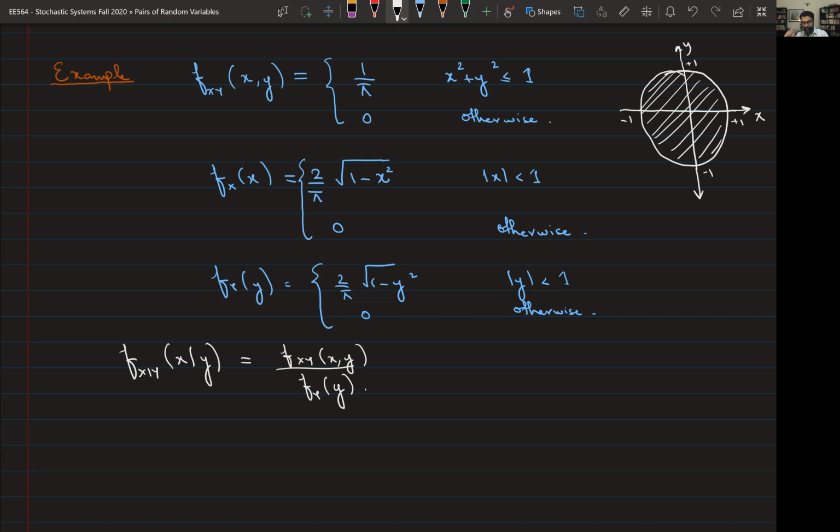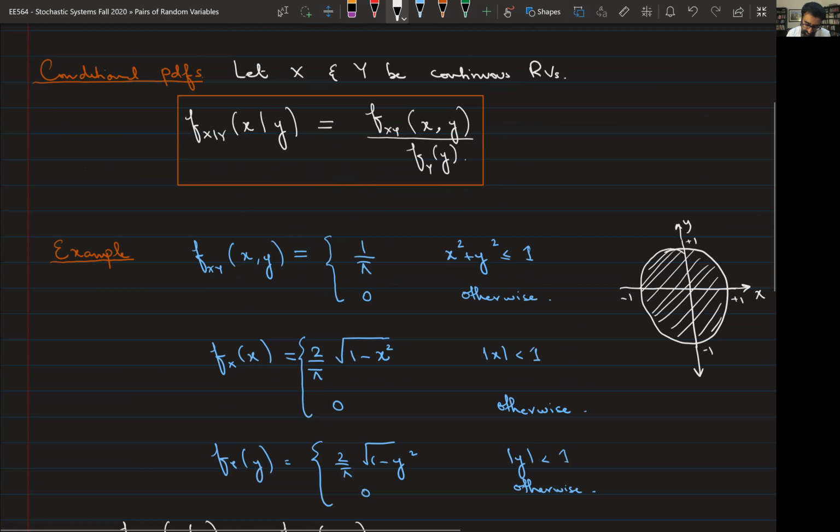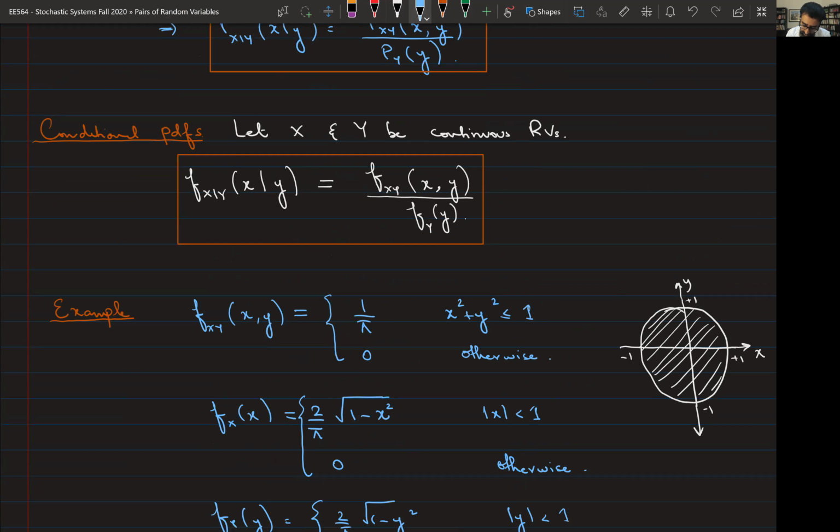Okay, and mind you, one of the things about handling zero that you mentioned: here I can put in a disclaimer that f_Y(y) is not equal to 0. So it's only defined for those values for which f_Y(y) is not 0.